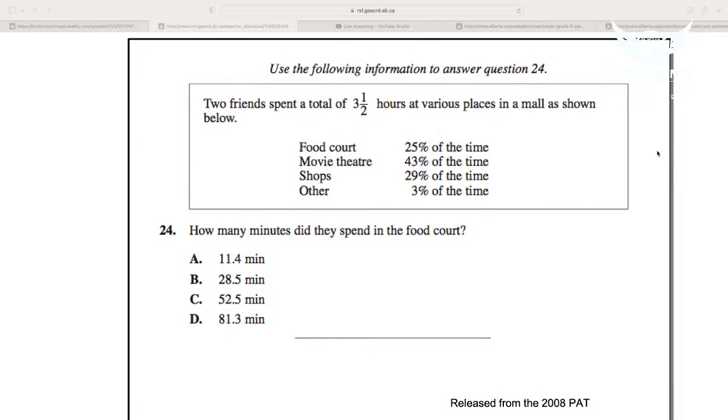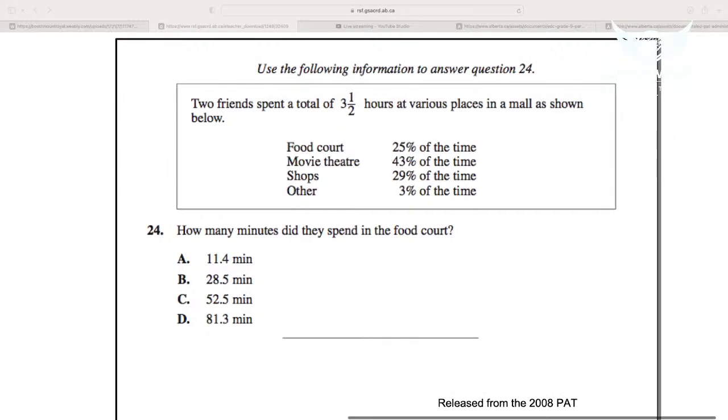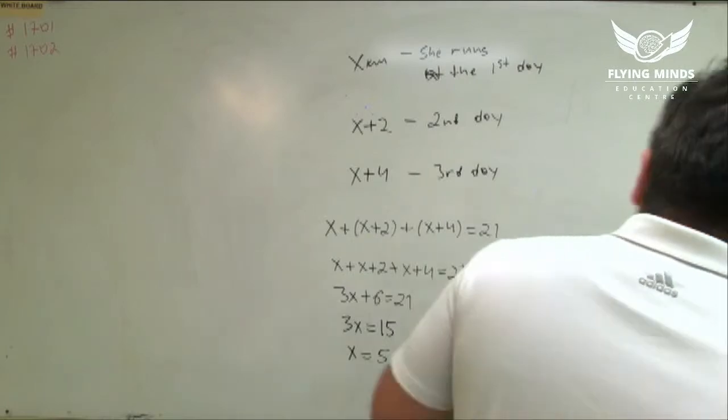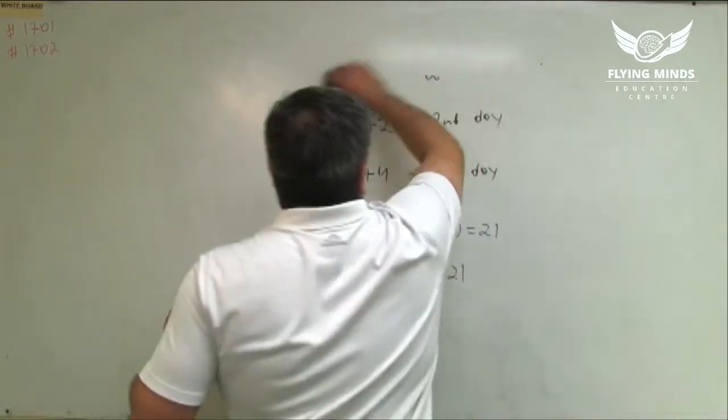Two friends spent a total of 3.5 hours at various places in a mall, as shown in the table. Food court 25% of the time, movie 43, shops 29 out of 3. How many minutes did they spend in the food court? So in the food court they spent a quarter of the time, right?